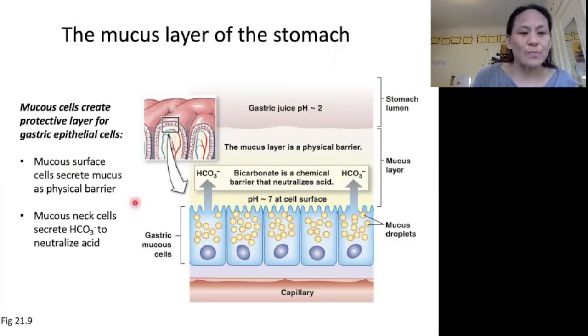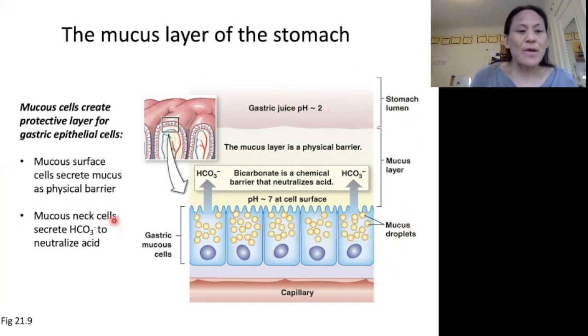One is our mucus surface cells are going to secrete mucus, which acts as a physical barrier between the gastric acid and the epithelial layer. So it's just physically blocking access of that gastric juice to the epithelial layer.